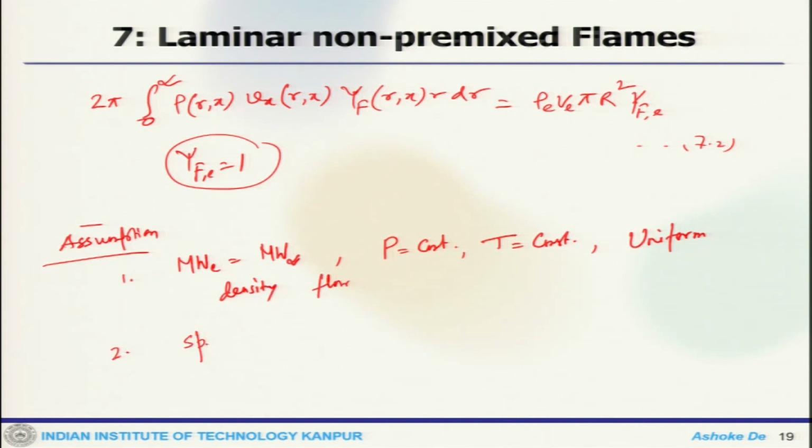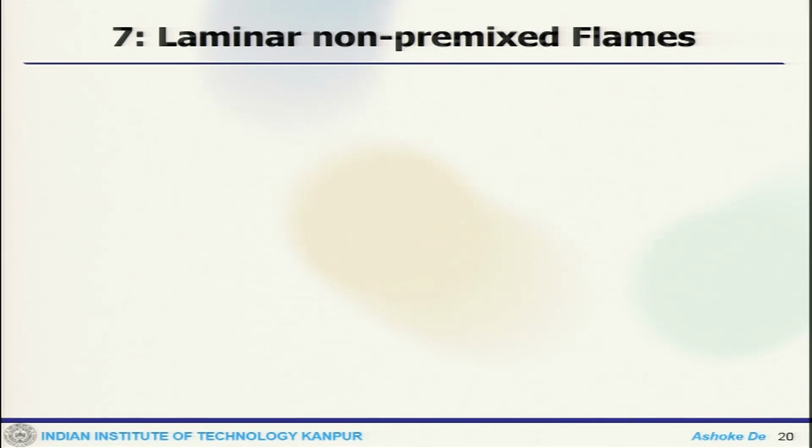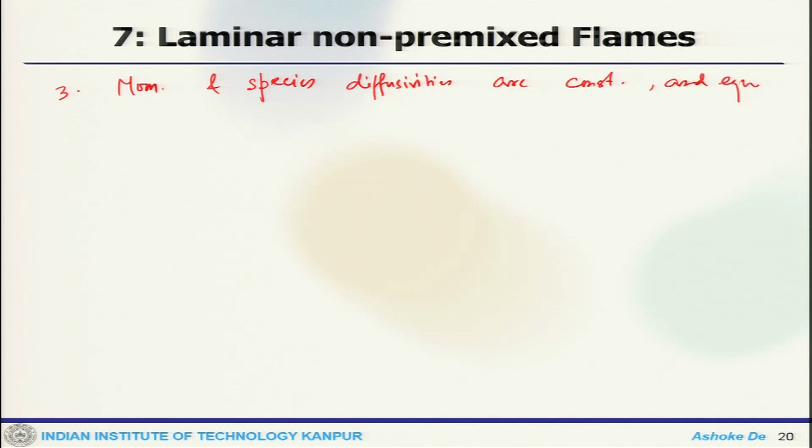Secondly, species transport is by Fickian diffusion only. Third, momentum and species diffusivities are not only constant, they are equal.